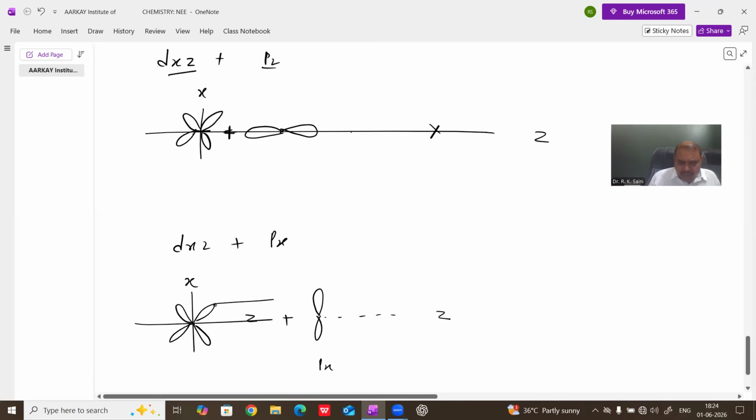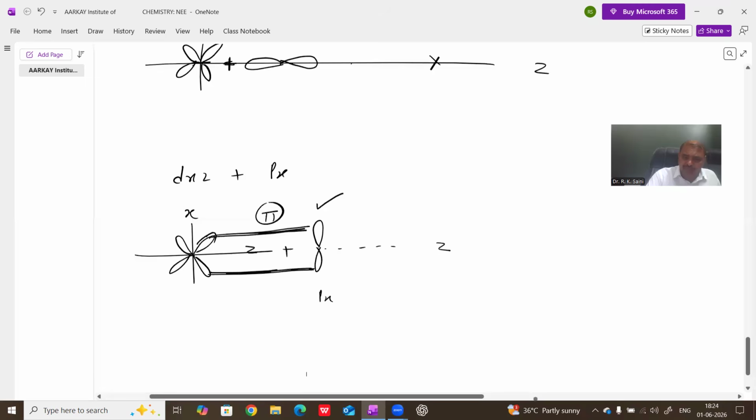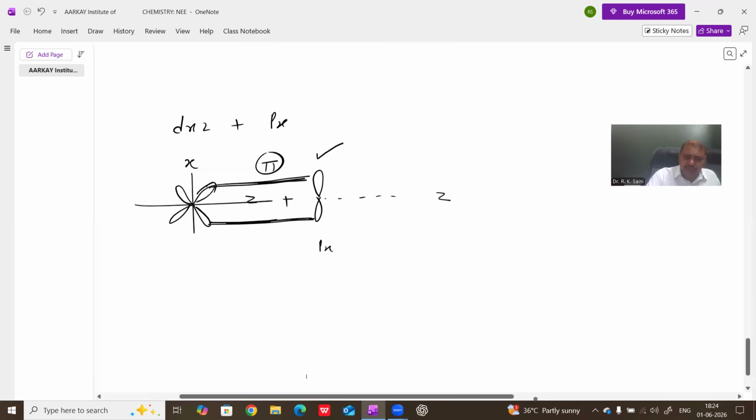When these orbitals overlap, sidewise overlapping takes place, and the two lobes above and below the axis overlap each other, giving pi bond formation. It is the pi bond. Therefore, their overlapping is in proper orientation and generates a pi bond.